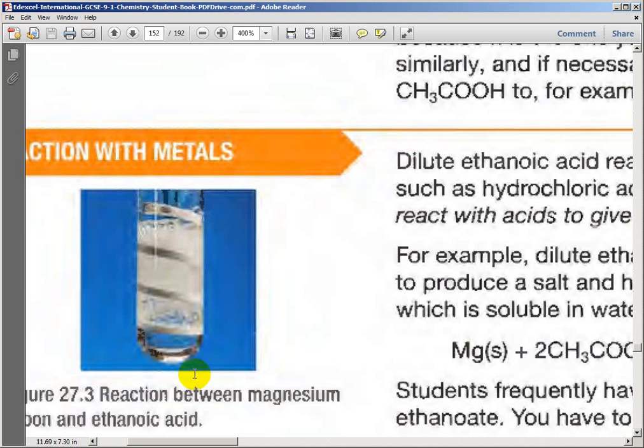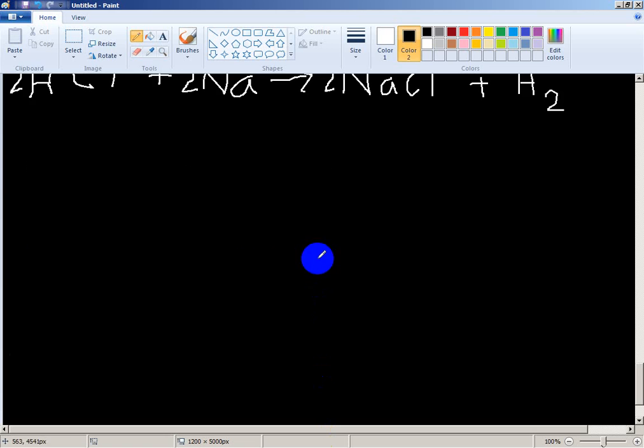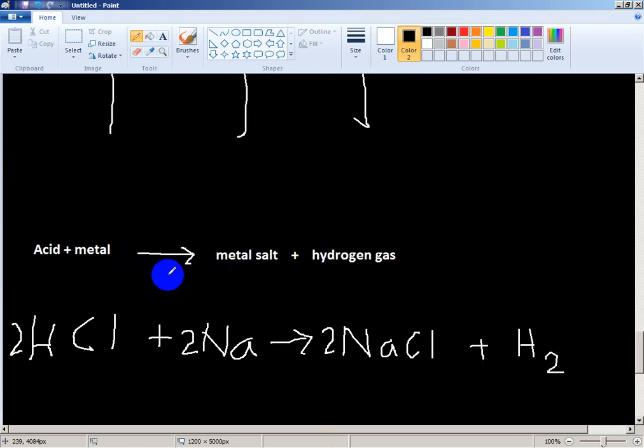Here the reaction is between magnesium and ethanoic acid, metal and acid. Don't know? Okay, when acid reacts with metal, it forms metal salt and hydrogen gas. Which gas? Hydrogen gas. Here is hydrogen gas.